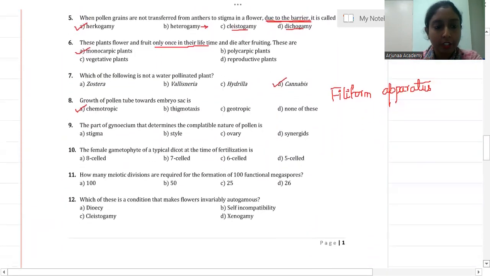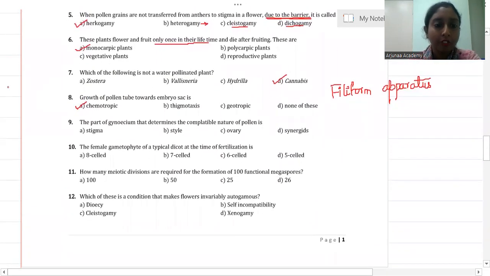Then ninth question. The part of gynoecium that determines the compatible nature of pollen. If we take gynoecium, the three parts are stigma, style and ovary. Out of these three parts, which will determine if the pollen is compatible or incompatible?